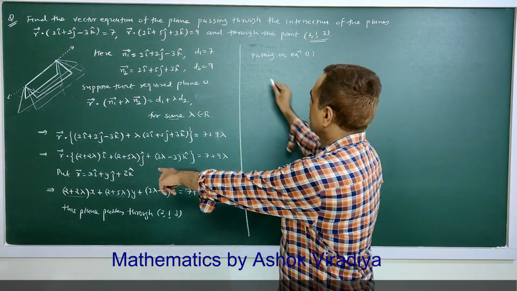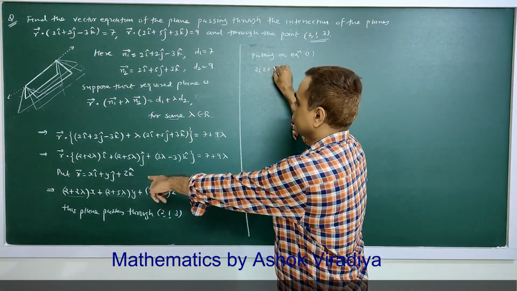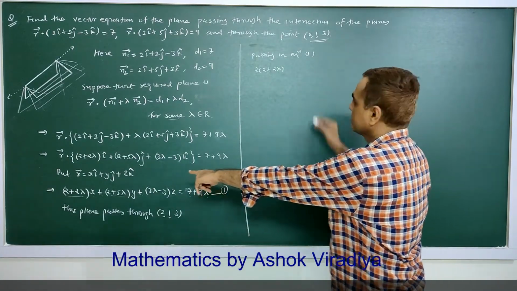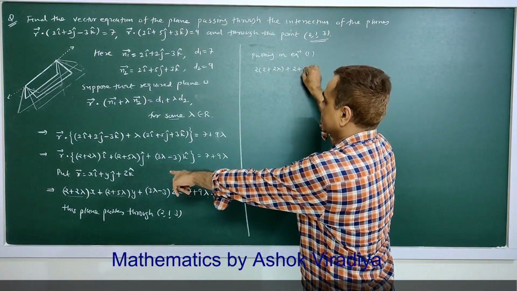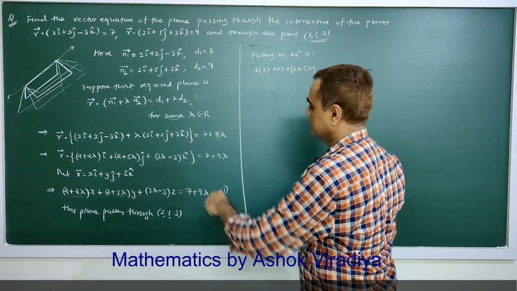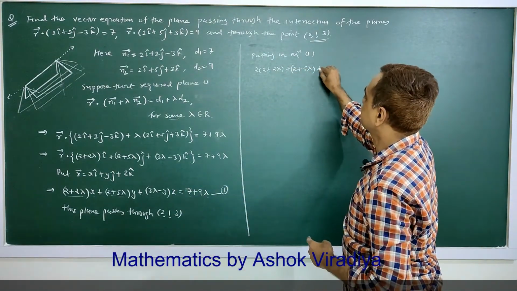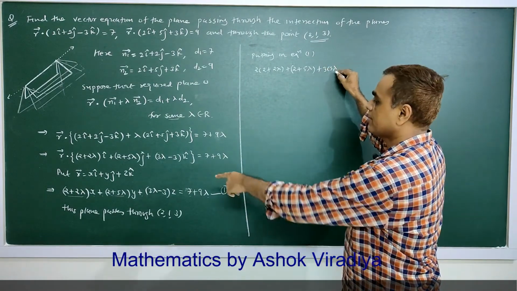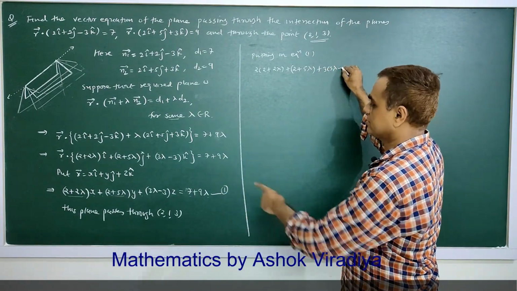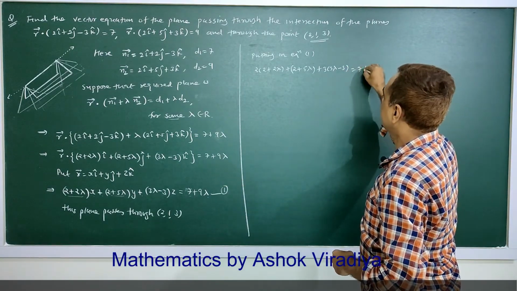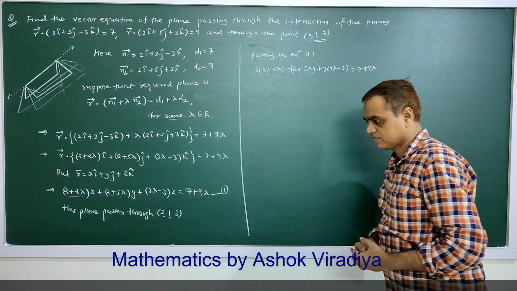Putting there 2, so 2 into (2 plus 2 lambda), put y equal to 1, that is 2 plus 5 lambda, then put z equal to 3 here, so 3 into (3 lambda minus 3), it is equal to 7 plus 9 lambda.